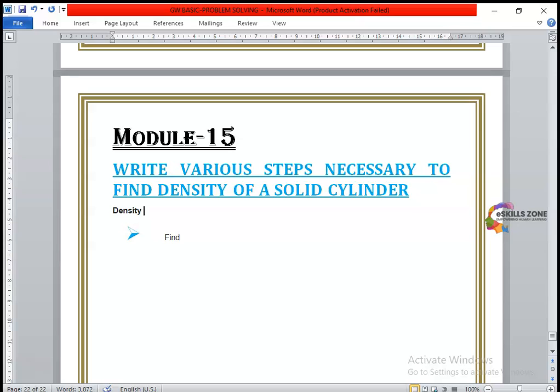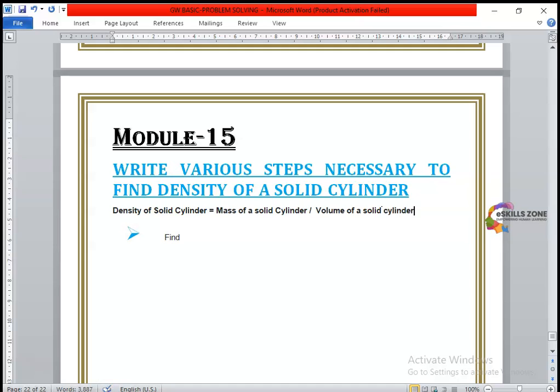First of all, we must know the definition of the density of a solid cylinder. We'll write that the density of a solid cylinder is equal to the mass of the solid cylinder divided by the volume of the solid cylinder.